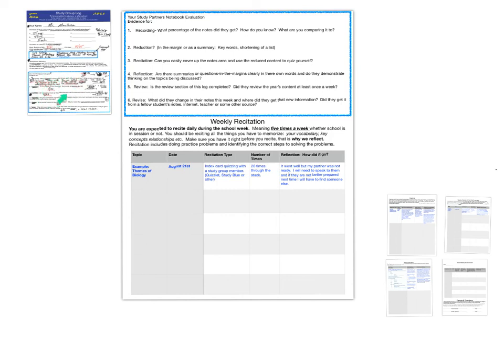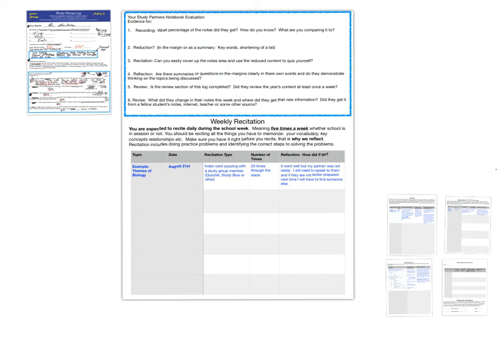So at the end of the week on Friday during advisory, or maybe after school, or maybe the following Monday, you guys want to get together and look at your notebook and assess it. Maybe you do your own notebook evaluation at home, right? But then when you get together for your partner's notebook evaluation, maybe you do that on Monday, or maybe at the end of the week on Friday.